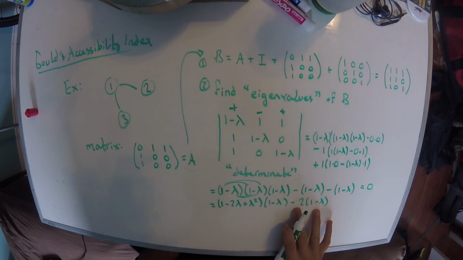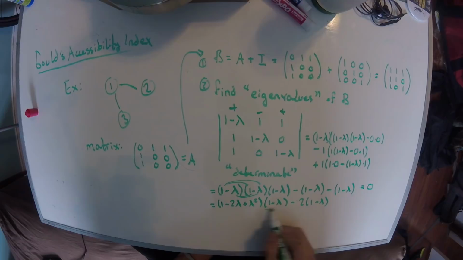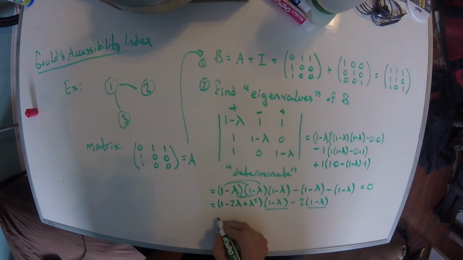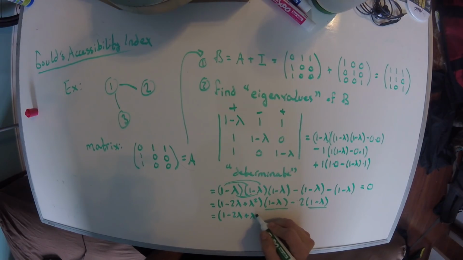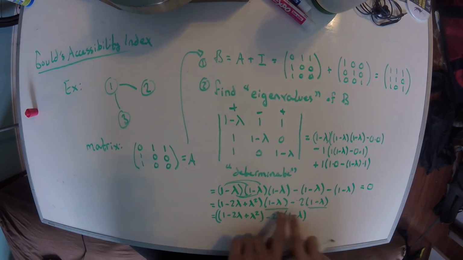So now we have that, and what I'm going to do is factor out these two 1 minus lambdas from each of the terms, and so what we'll have is 1 minus 2 lambda plus lambda squared minus 2 times 1 minus lambda. Right, so we're just taking this factor out of each term.